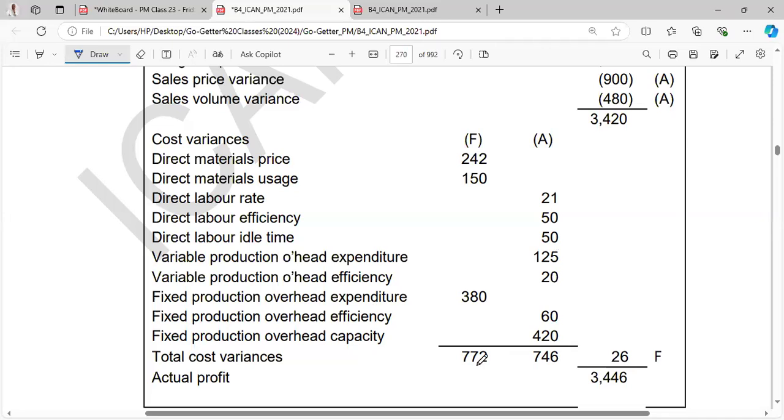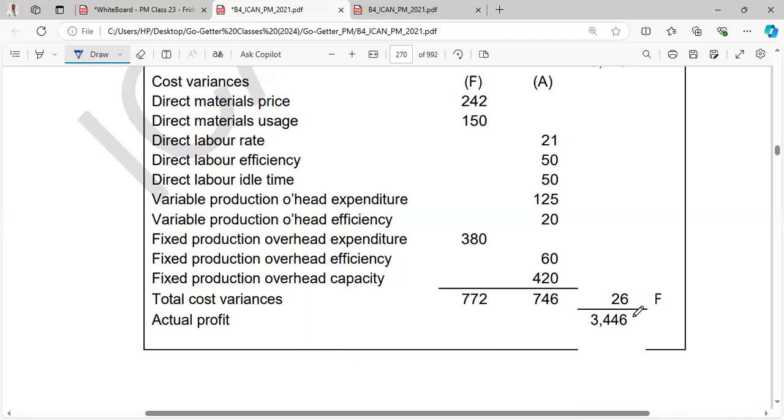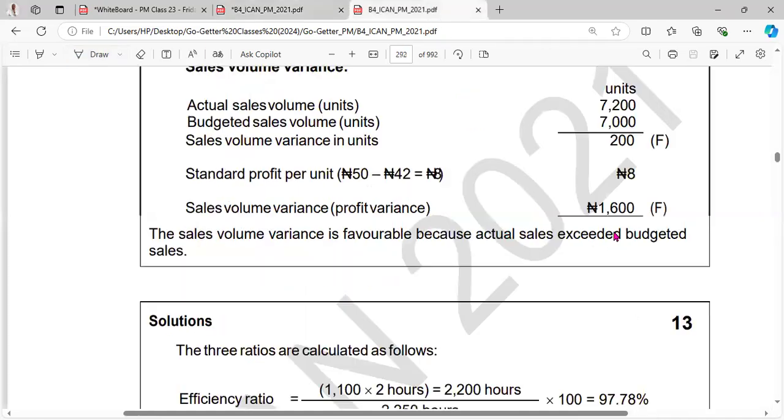So this 772 minus 746 will give us 26 here. It's favorable because the favorable is bigger than the adverse. Add this favorable to this figure, then you have your 3446. And that's the actual profit that we reconcile.